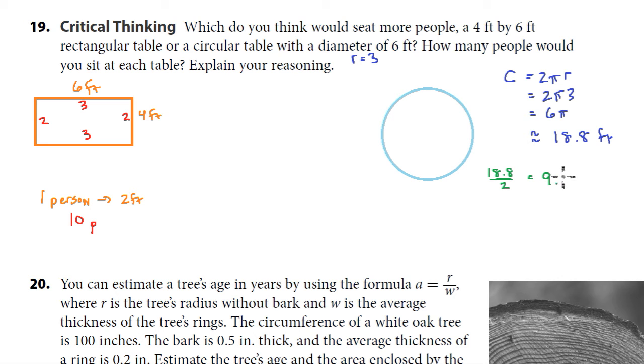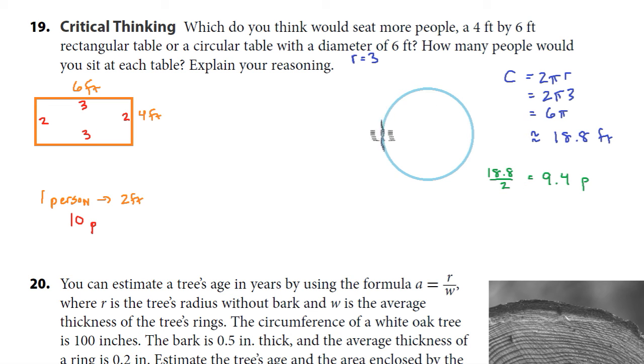I know we can't divide people into decimals, but 9.4 people. So at first glance, it looks like the rectangular table fits more people. You could use this as a justification for the rectangular table fitting more people than the circular table. The other thing you look at though here is that there's no wasted space here.